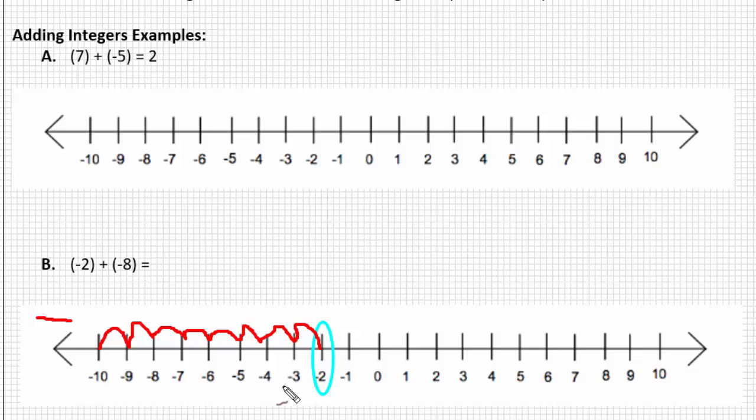So negative 2 plus negative 8 equals negative 10. Those are our first 2 examples, and we used a horizontal number line to do that. Now we're going to take a look at 2 examples on a vertical number line.